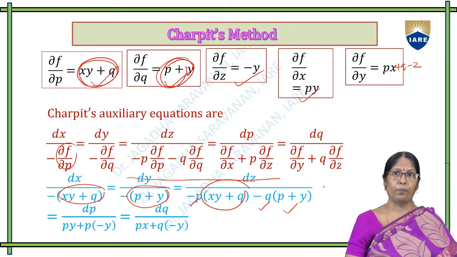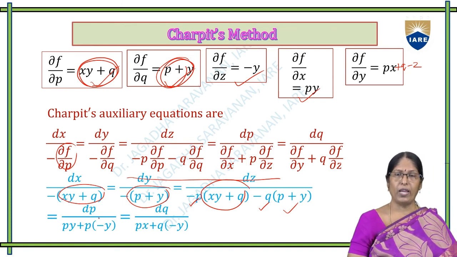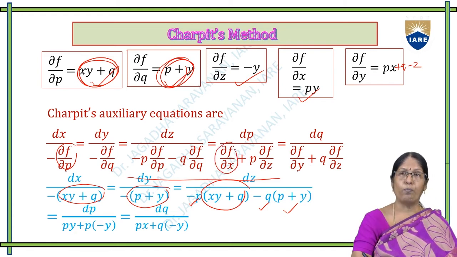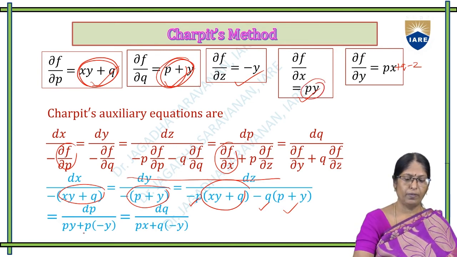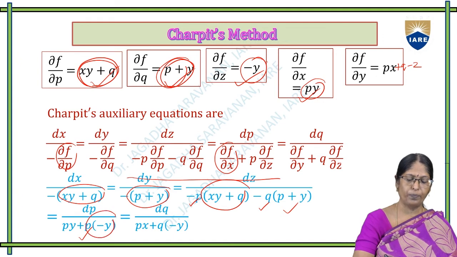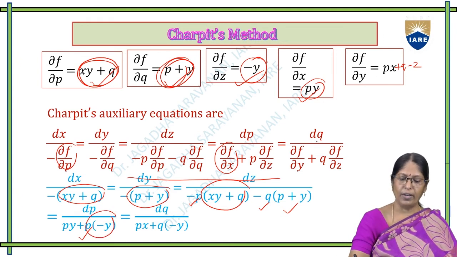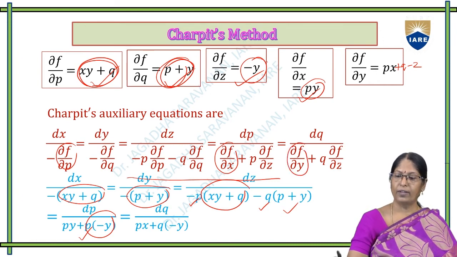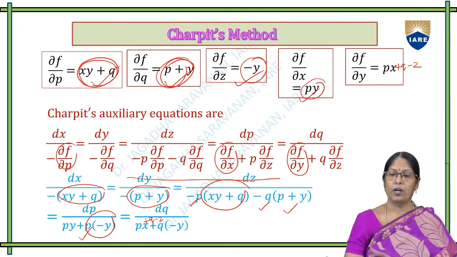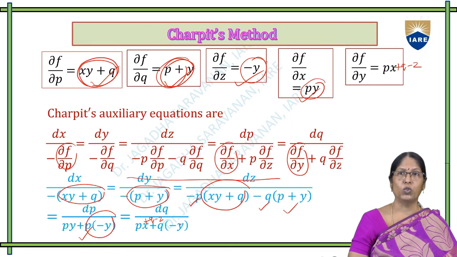So the third member is completed, and the fourth member is dp by py, that is ∂f/∂x, that is our py, plus p of ∂f/∂z, that is our minus y. The last member is dq by ∂f/∂y, that is px here also, plus q minus z to be added, plus q into ∂f/∂z, that is minus pi.